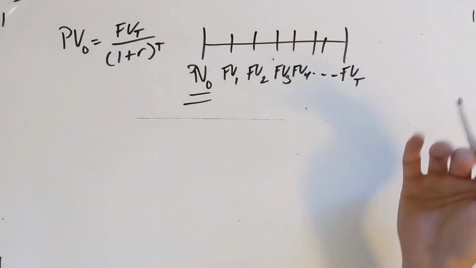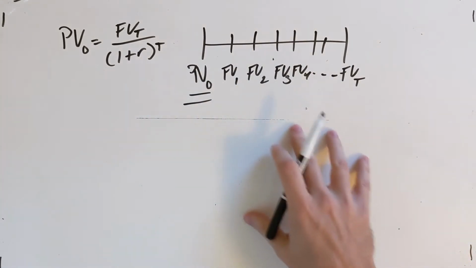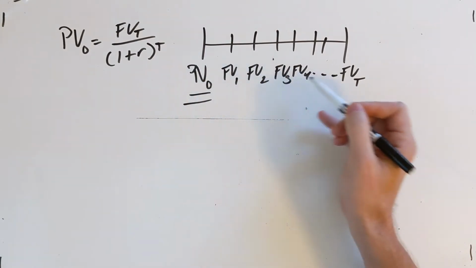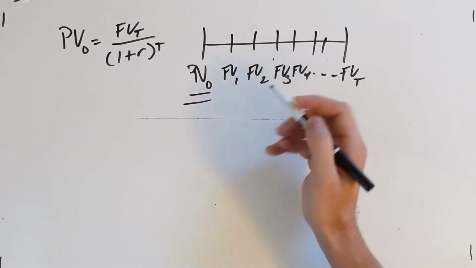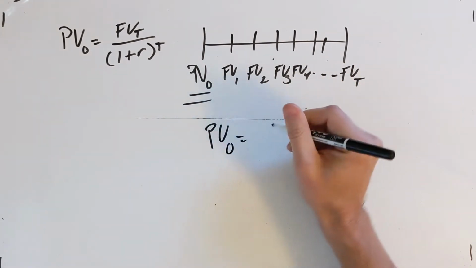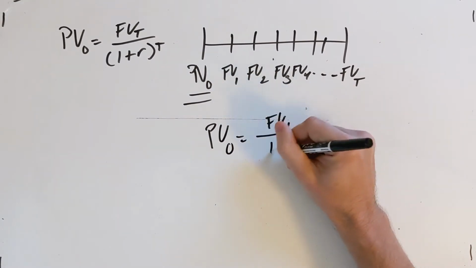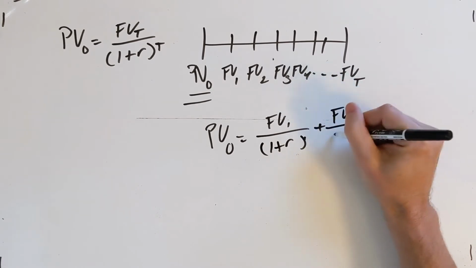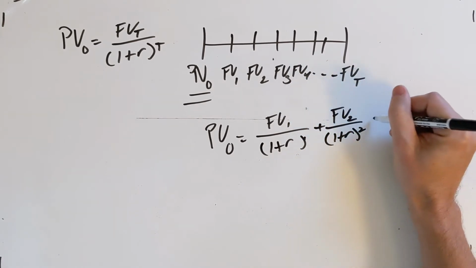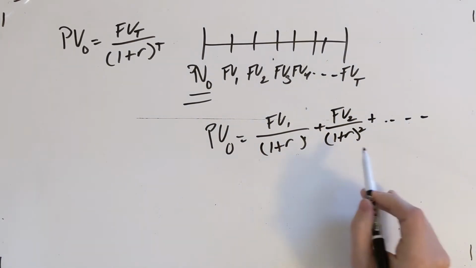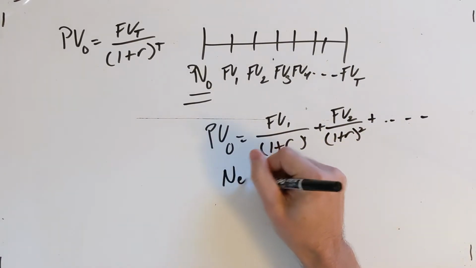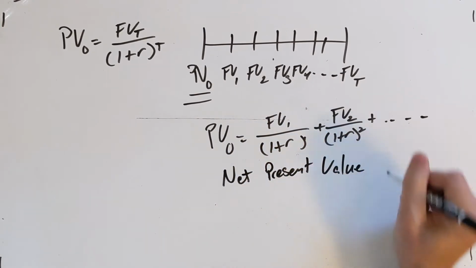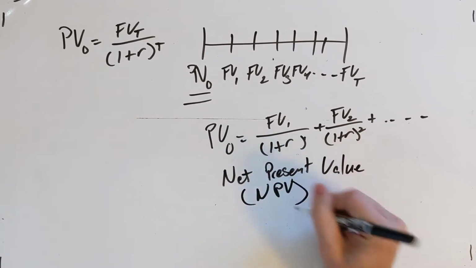And so the underlying concept of the way net present value works is the present value of a series of future values is just the present value of the sum of those future cash flows. All right? And so this is what we would call a net present value, or an NPV, okay?